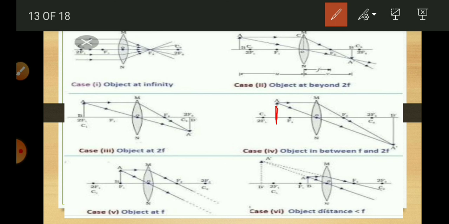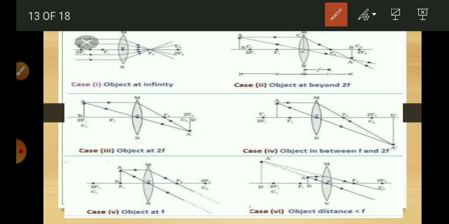After refraction it will pass through f2, and another ray going through the optical center emerges without any deviation. These two rays will intersect at this point of intersection, and this point is our image A dash. If we extend it towards the principal axis, we will obtain the image of point B also, and this is the image of our object AB, that is A dash B dash.